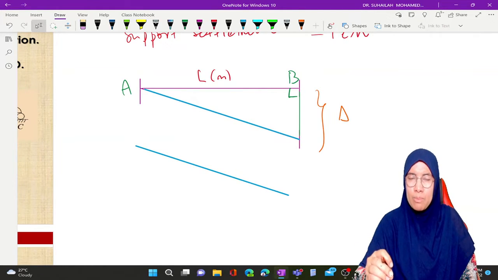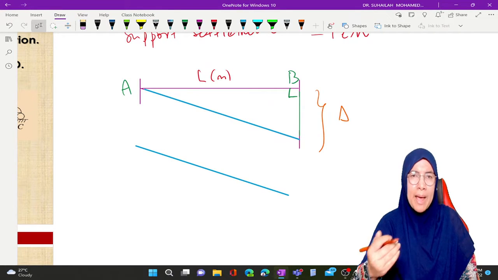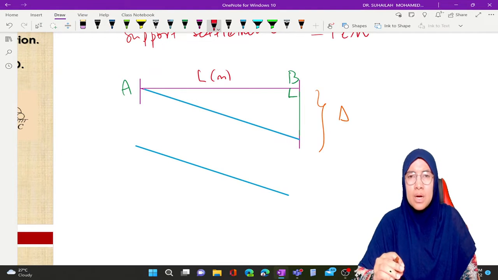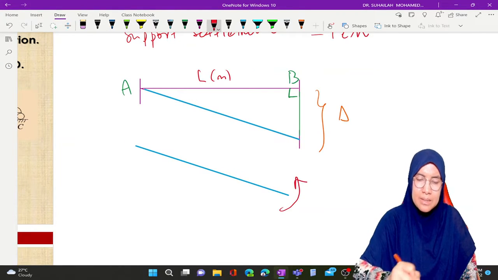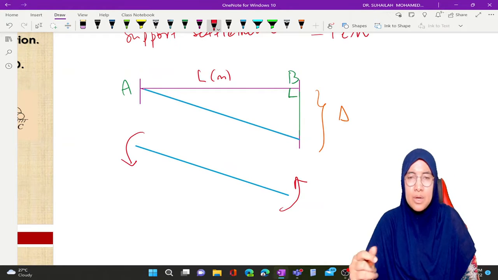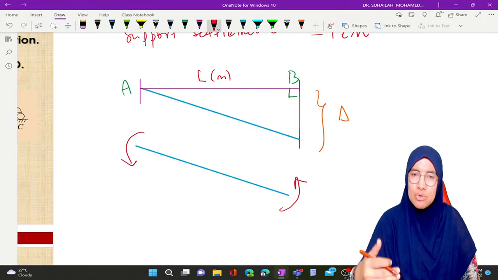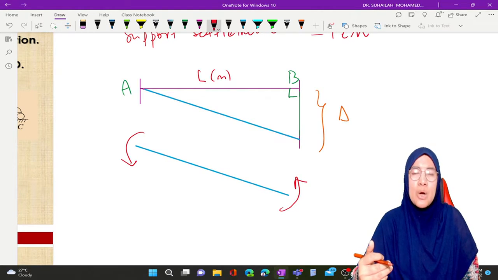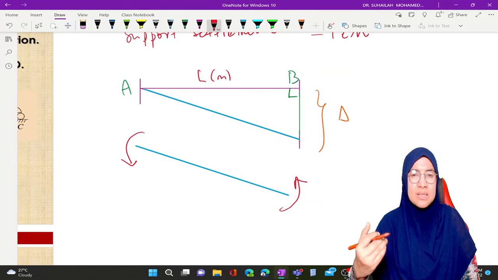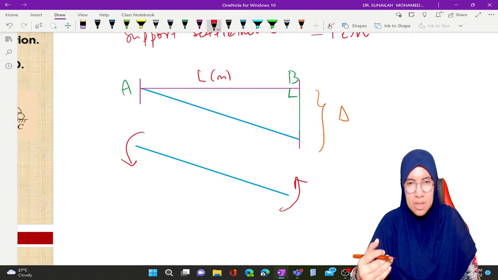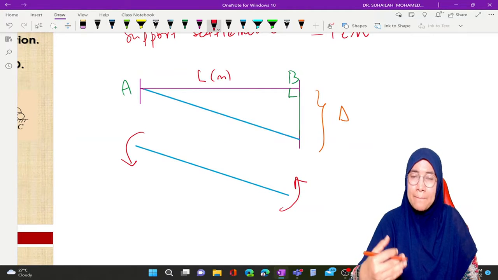We apply moment that counters the movement at A and B, so that the beam moves back to its original position. Due to this behavior, we apply moment counterclockwise, so that it pushes the beam back to its straight, horizontal position. This is when B is settled.